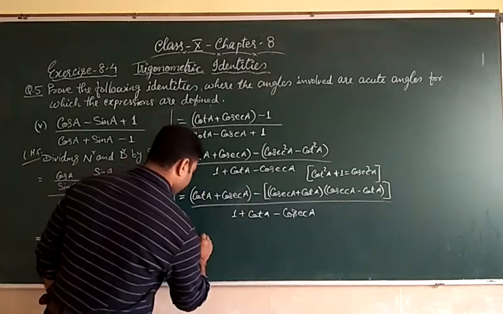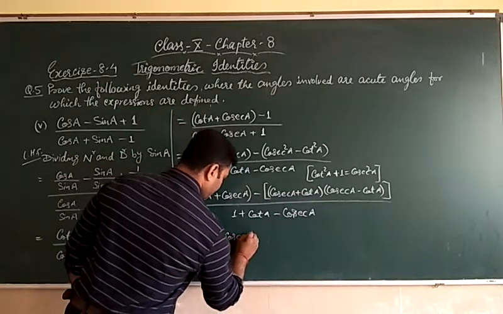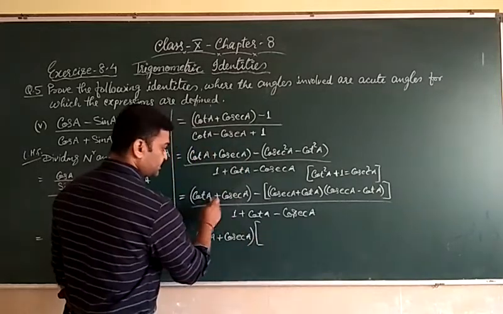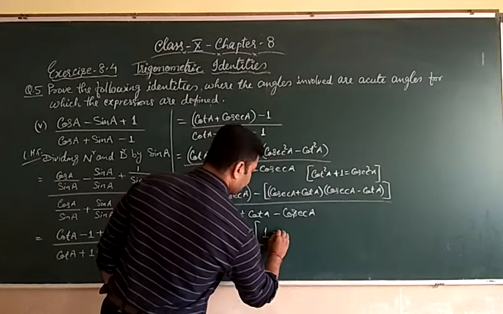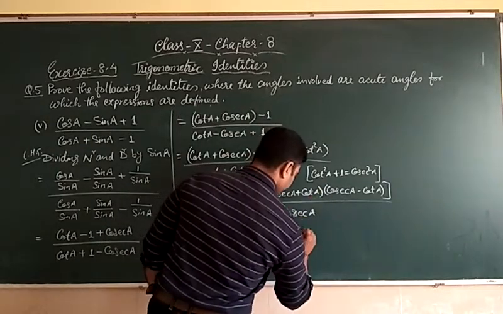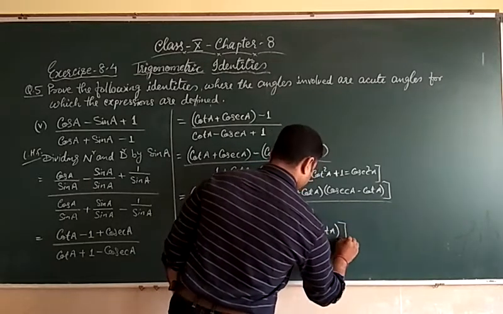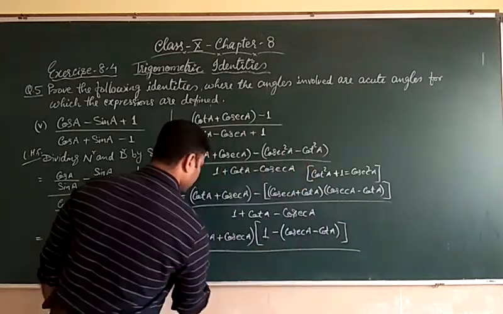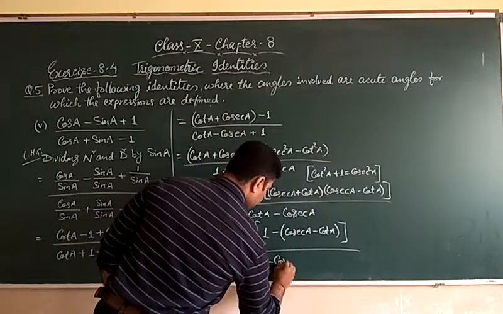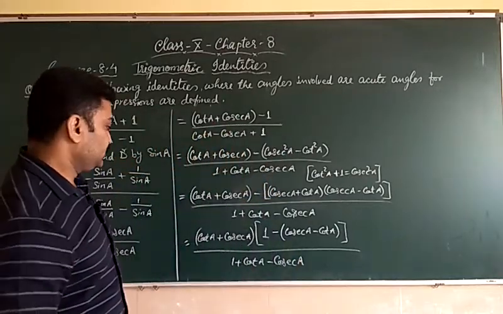So we will have cot A plus cosec A common, and what is remaining inside? Here 1 minus cosec A minus cot A, whole upon 1 plus cot A minus cosec A. Clear?